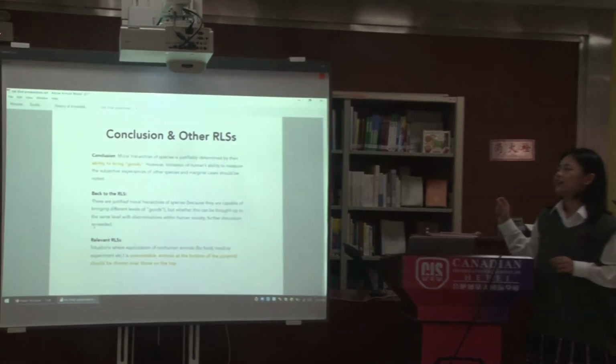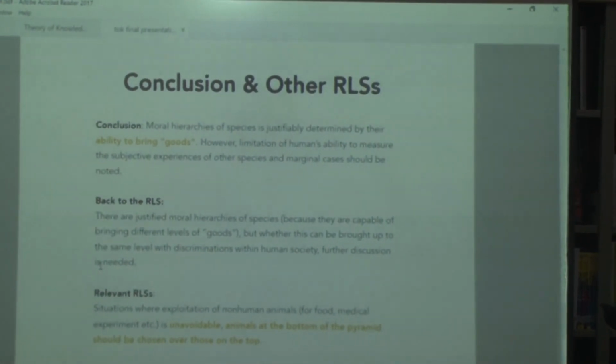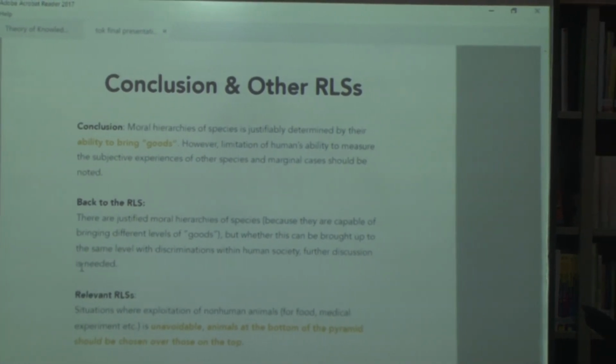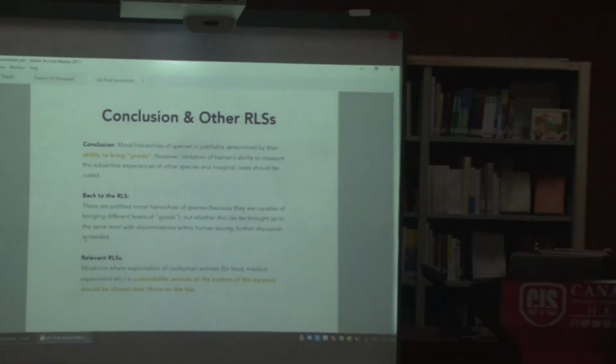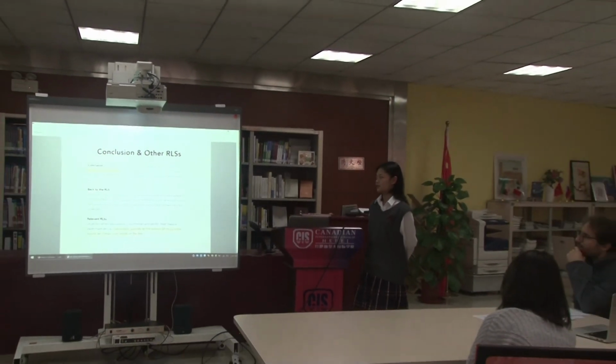So then we come to the final conclusion, that moral hierarchies of species is justifiably determined by their ability to bring goods. However, limitation of humans' ability to measure the subjective experience of other species and marginal cases should be noted.